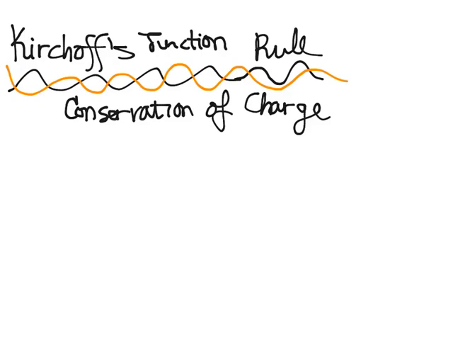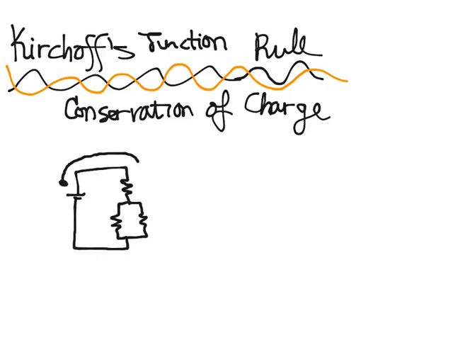So if you have a circuit and you have electrons going through this circuit, then no matter what you do, the number of electrons going through at a certain time is going to stay constant. And the idea is, whatever the current is over here, that's the number of electrons per second, that's going to stay constant all the way until our circuit kind of starts to branch off.